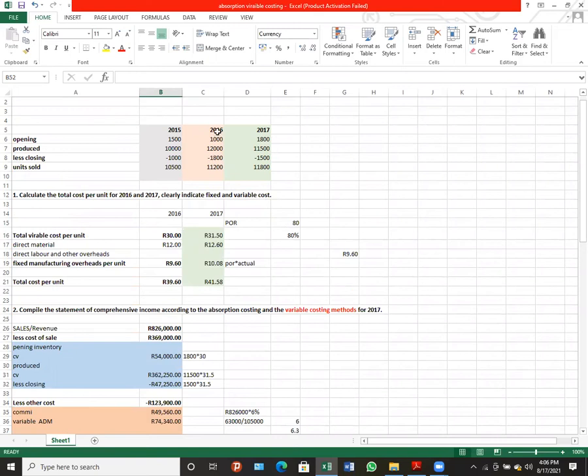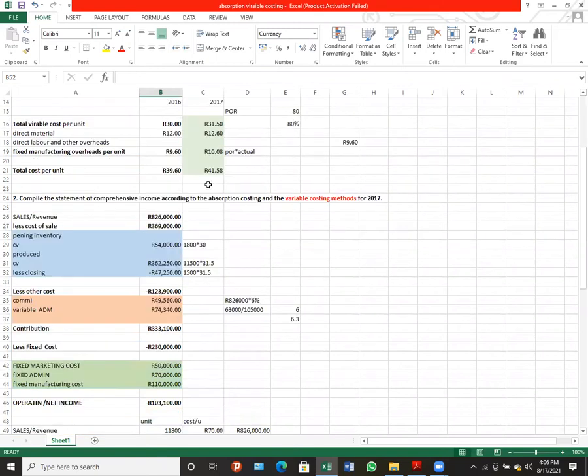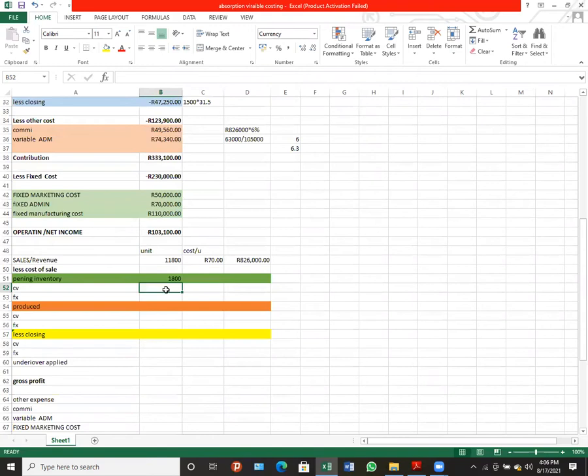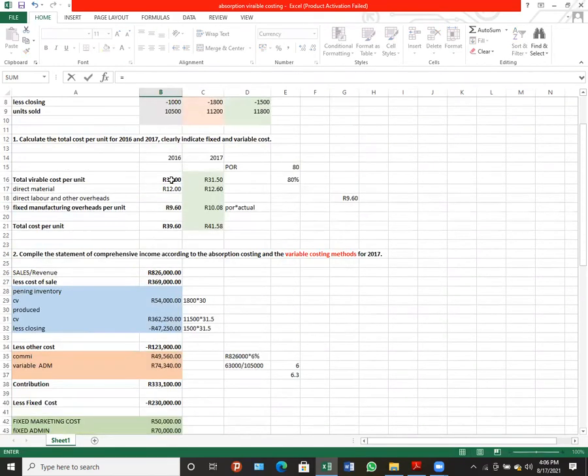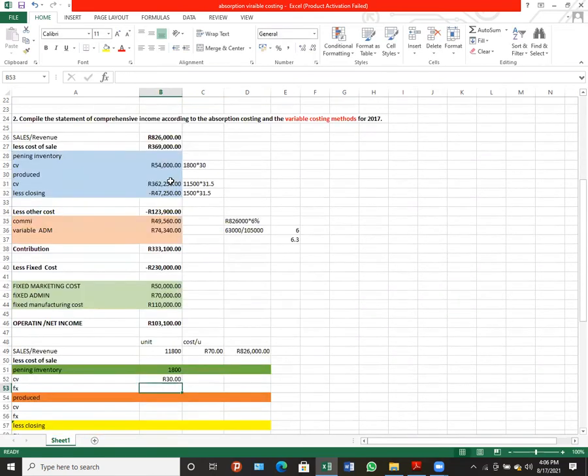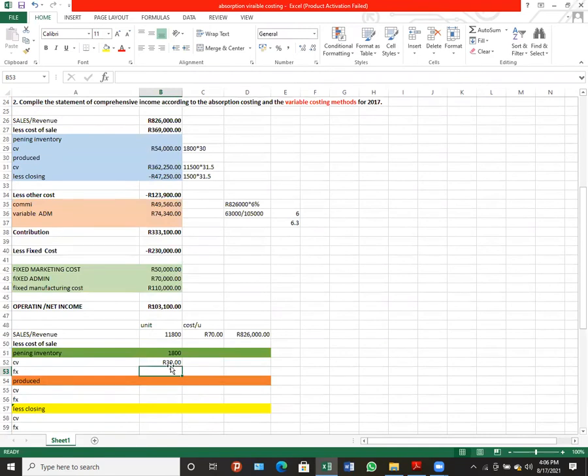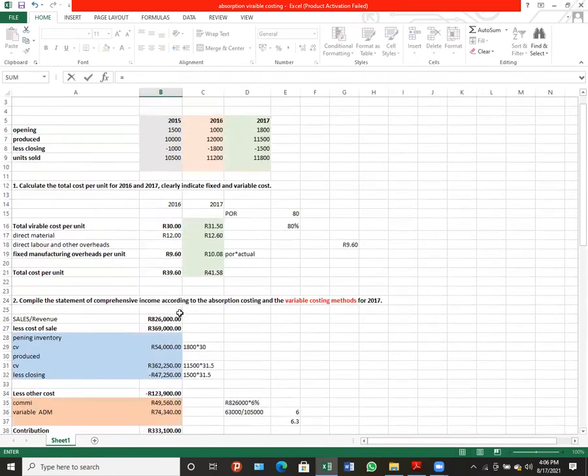From 2016. Always, guys, on the opening, for variable cost, we are going to take the one from 2016, the variable cost. If I'm fast, guys, just tell me to slow down if we are together. And the fixed cost is going to be the one from 2016.